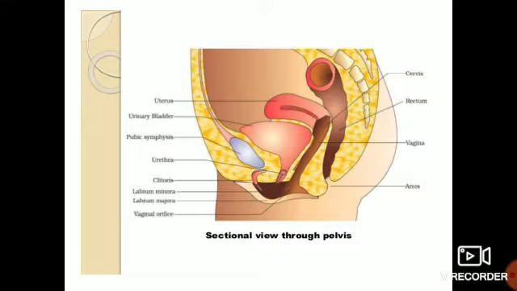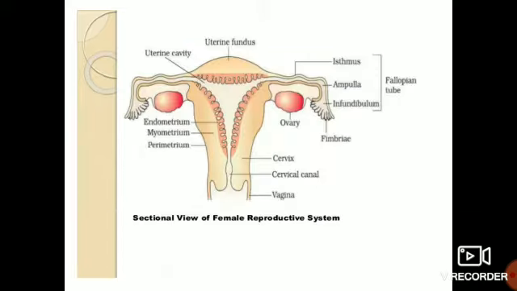You will be finding here the cervix. That means the opening through the vaginal orifice leads into the uterus through the vagina and cervix. Okay, students. So now we'll be moving to the next slide.